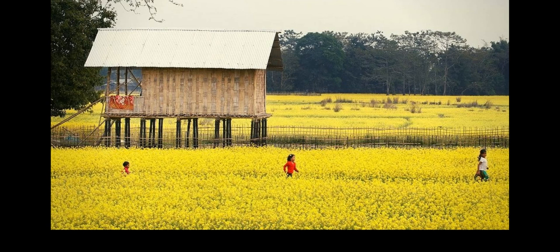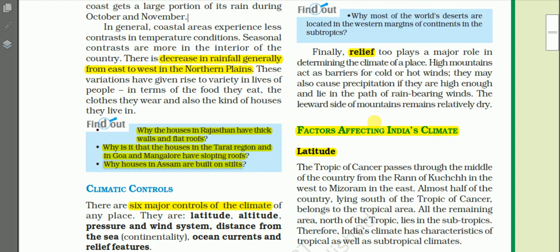And the question is, in Assam, in rural areas, houses are built on stilts. So what could be the reason for this? In Assam, there is high rainfall, because of that flood may occur.